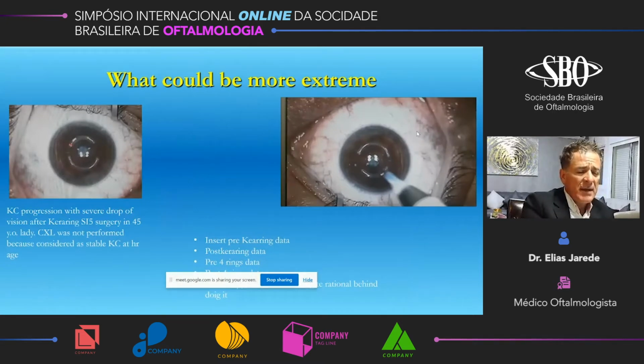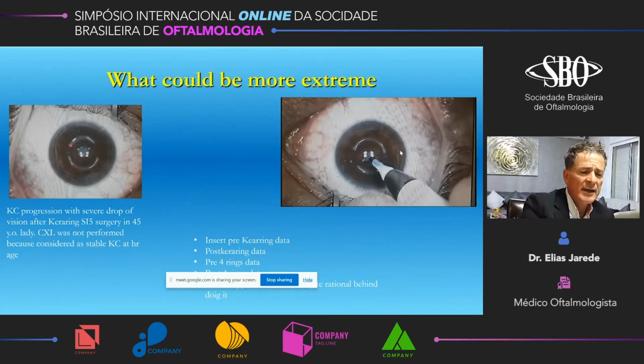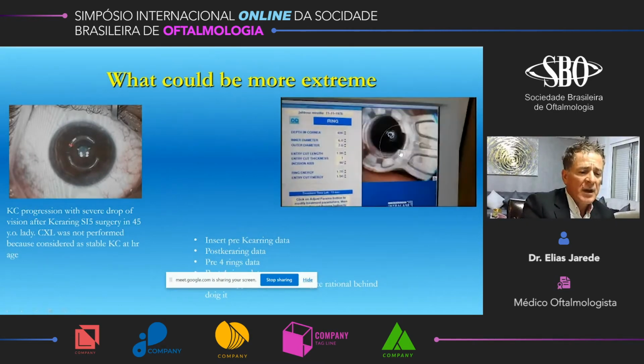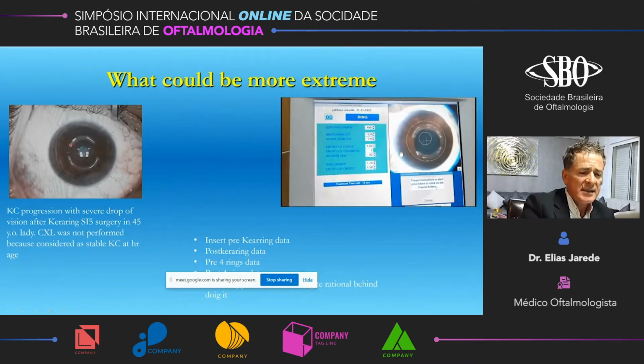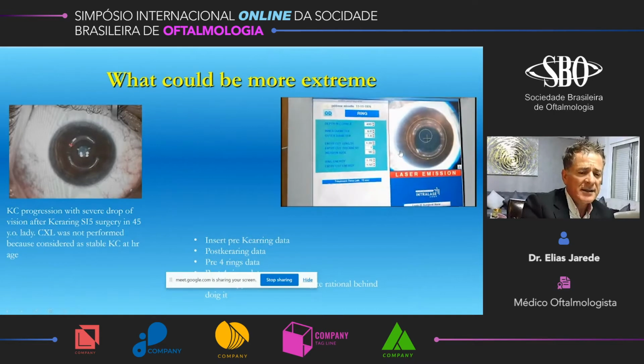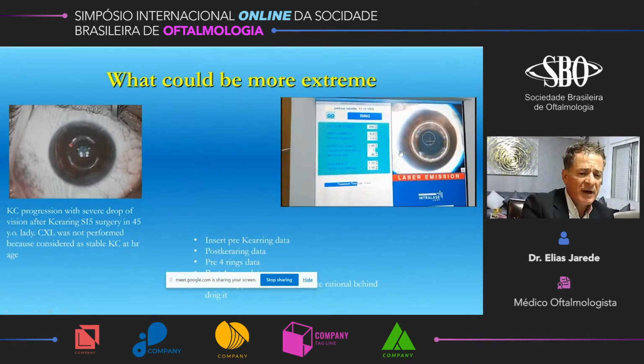Another extreme planning for ectasia treatment. After implanting two Keraring SI5 in a patient with ectasia and good corrected distance visual acuity, with good enhancement of the vision, corrected and uncorrected, we had deterioration again of the cornea. Here we either do a graft or we try to add another two Intacs SK in the outer part of the previously existing SI5 Keraring.